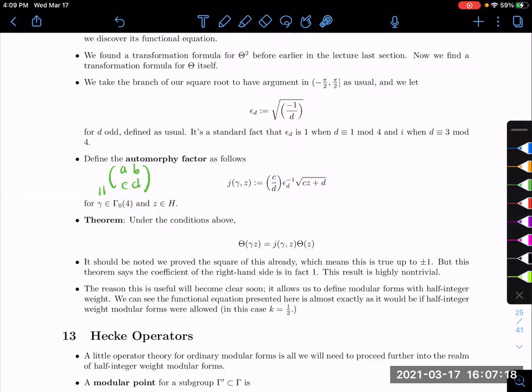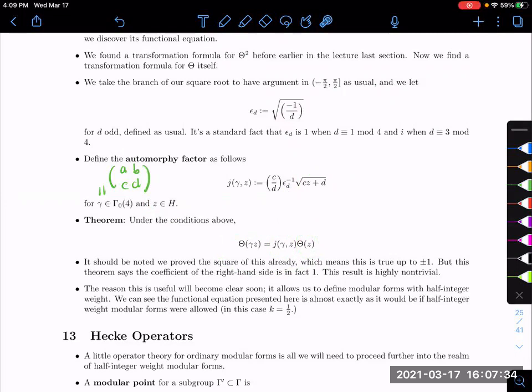This is very difficult to show, but here's the functional equation for big theta. Big theta of gamma acting on z is the automorphy factor at gamma and z times big theta of z.